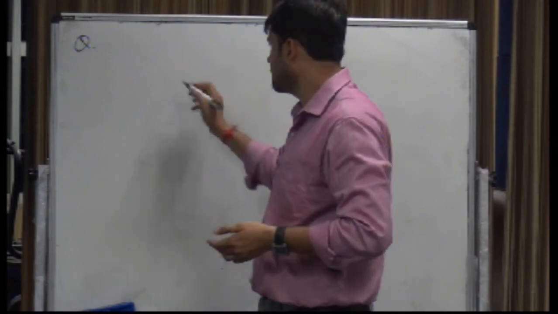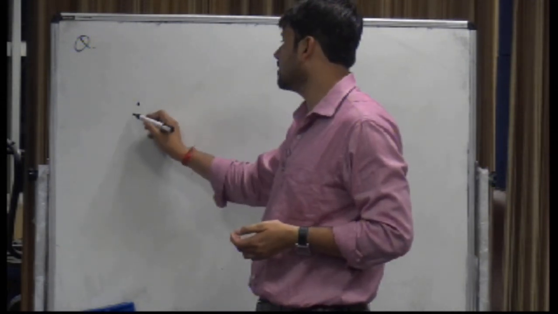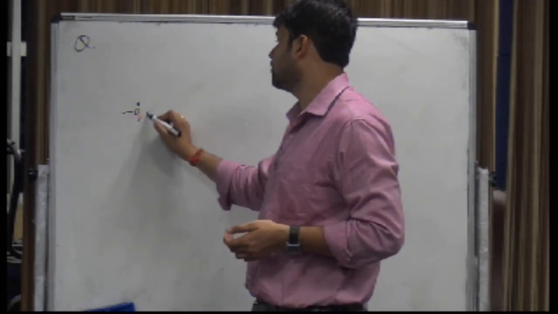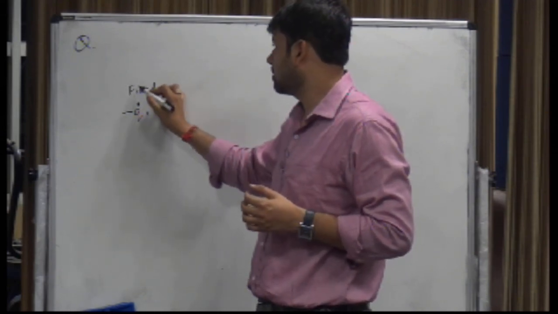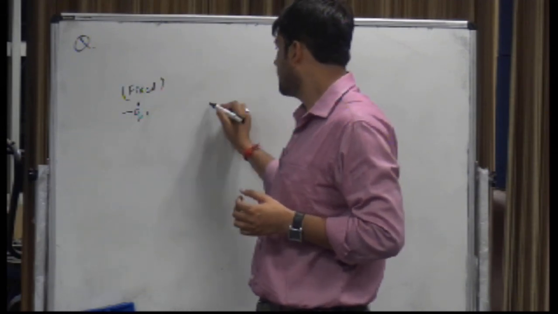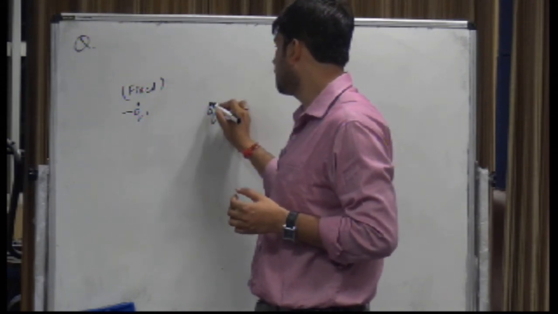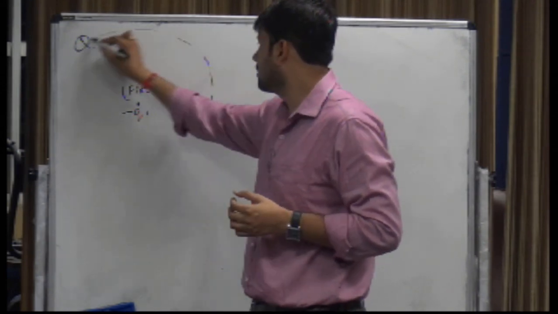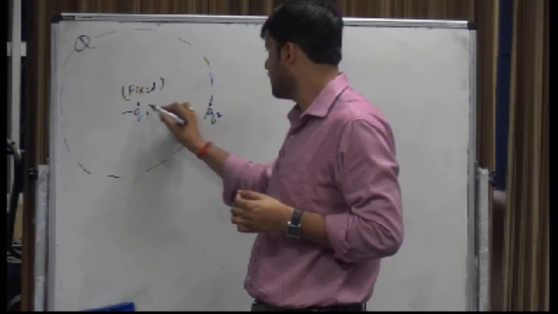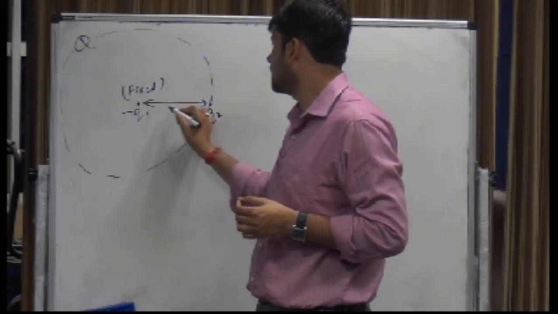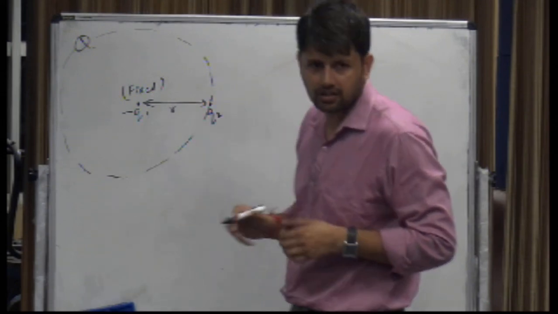The question says, let's say this is a charge minus Q1, fixed. Another charge Q2 is revolving around it in a circle of radius r.